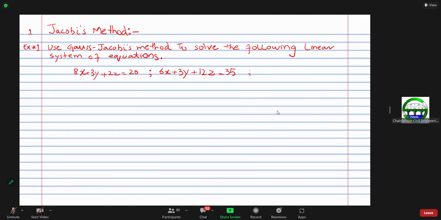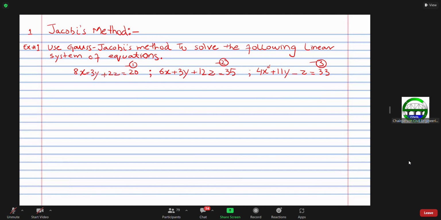And the third equation is 4x plus 11y minus z equals 33. So we have three equations, equation number 1, 2, and 3, because there are three unknown variables, x, y, and z.